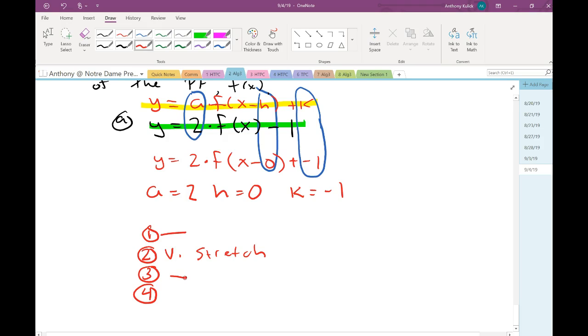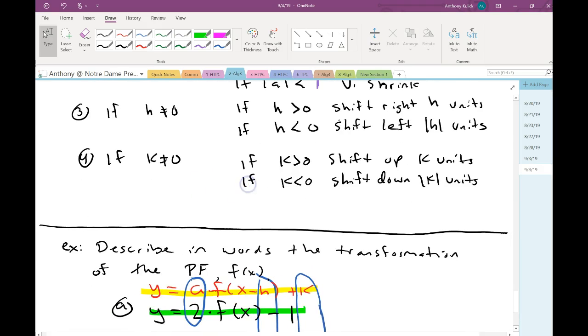The last one is 4. Here we care about the value for K. It says if K is not equal to 0. Is our K equal to 0? No. What is it? Negative 1, right? So which of the two situations do I have? Is K greater than 0 or less than 0?